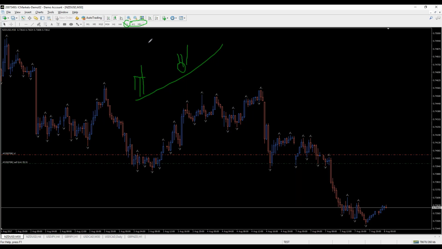But if you want to just focus on immediate term trends, you can just look at the imbalances in supply and demand. This is a really good way to do that, where when price moves away like that, then we have a micro downtrend, because price moved away like this on the half hour.